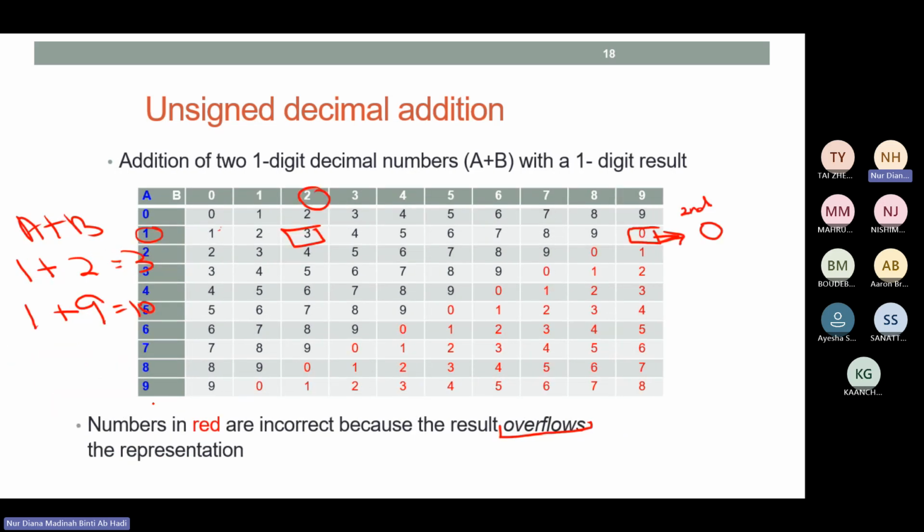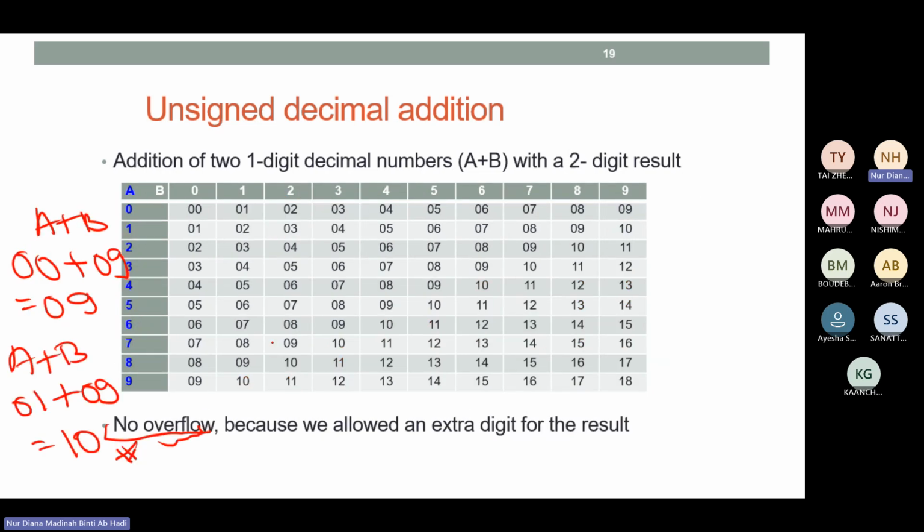But in the previous one, when we have only a one-digit decimal and a one-digit result, we have an overflow, which is our 1 cannot be written out. So that's why it becomes an error. So here they decide to provide a two-digit result for two one-digit decimal numbers, so there will be no overflow because we allow the extra digit.